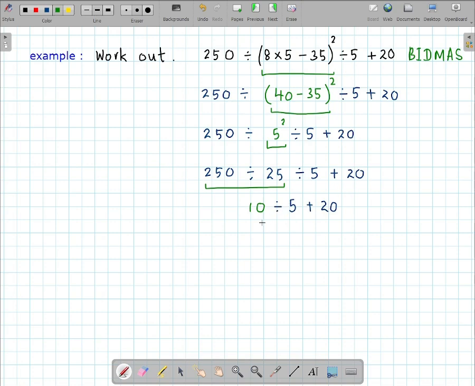Now we have again division that we do first. So 10 divided by 5, that is 2, add 20. 2 add 20, that is 22.